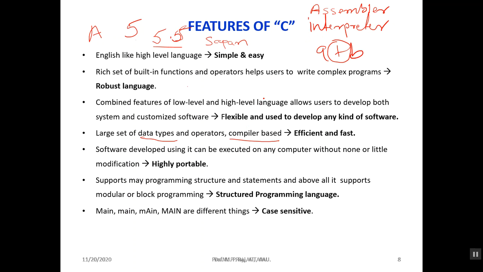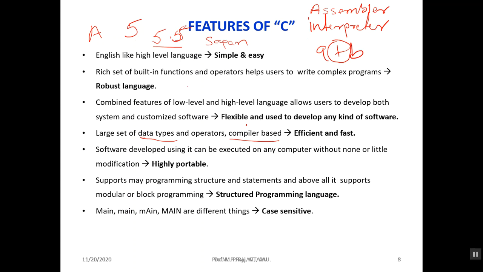The difference between an interpreter and a compiler is that an interpreter will convert one line of the program into machine level language, execute it, and then move on to the next line. Again, it will convert that line, execute it, and then move on to the third line. Whereas a compiler takes the whole program at a time and compiles it.